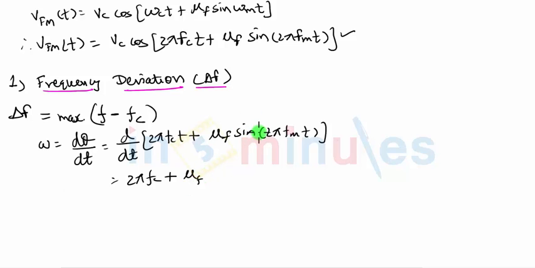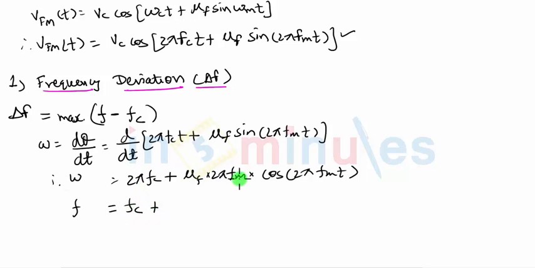The derivative of sine will be cosine function, and whenever you differentiate, you multiply by the coefficient of t. So that becomes 2 pi fm. That's the coefficient, and the derivative of sine will be cos 2 pi fmt. So that's my omega. Now let us divide throughout by 2 pi. If I divide by 2 pi, omega by 2 pi will become f, which is the instantaneous frequency in hertz. We already have 2 pi here, so 2 pi will cancel out.